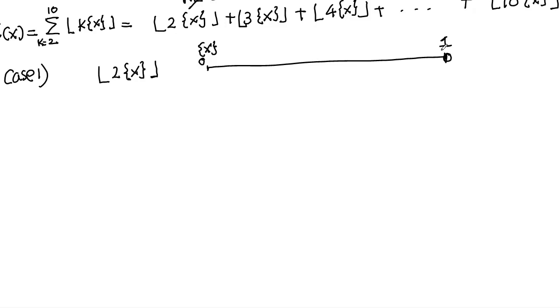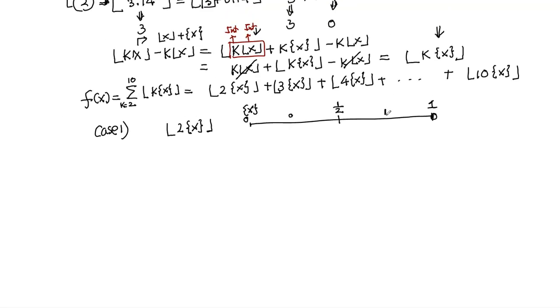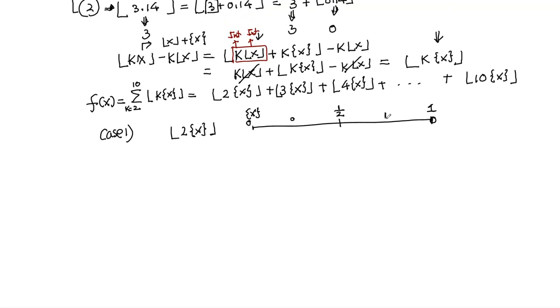For k equals 2, if the decimal is up to 1/2, 2 times 1/2 is 1, so before that the value is 0. From 1/2 on, 2 times the decimal is at least 1, so the greatest integer is 1. We have 2 different values there.